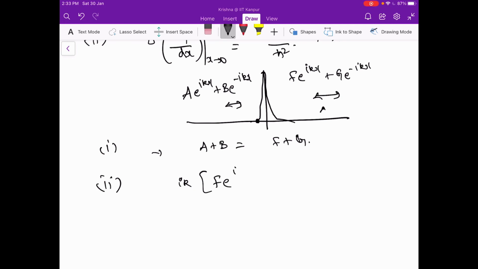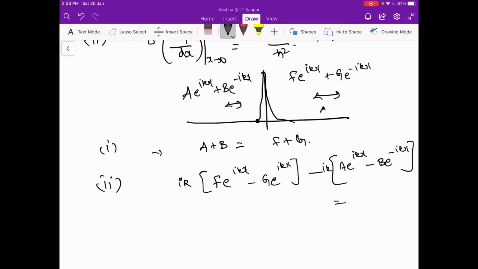ik (f e^{ikx} − g e^{ikx}) − ik (a e^{ikx} − b e^{−ikx}).